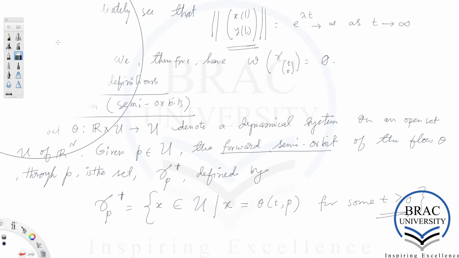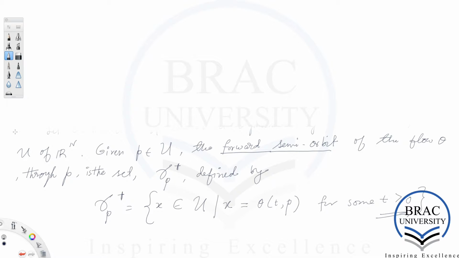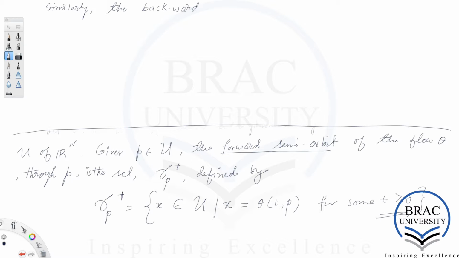Similarly, the backward semi-orbit through p, denoted by gamma p minus, is the following set.